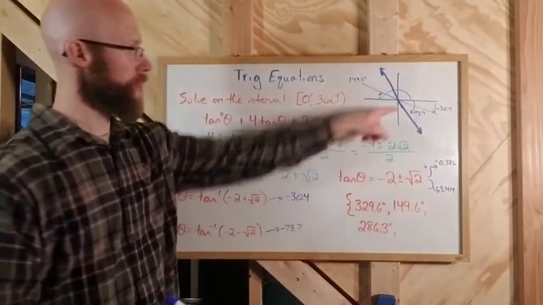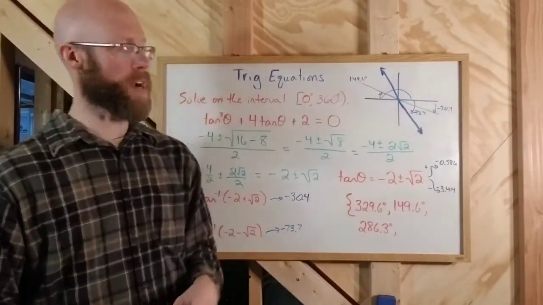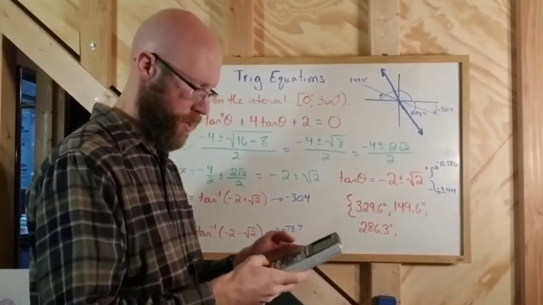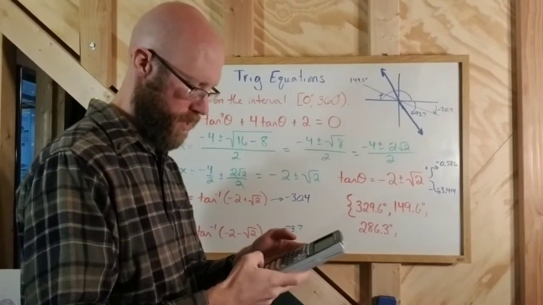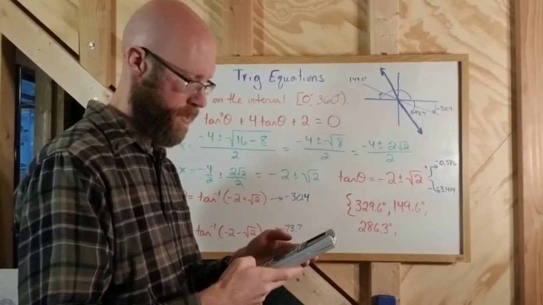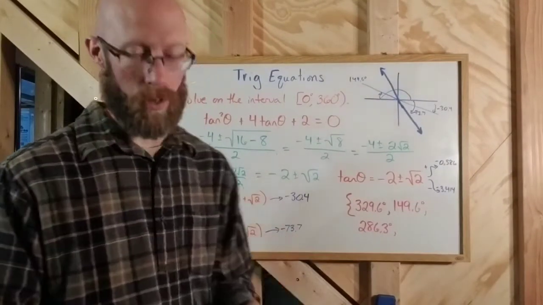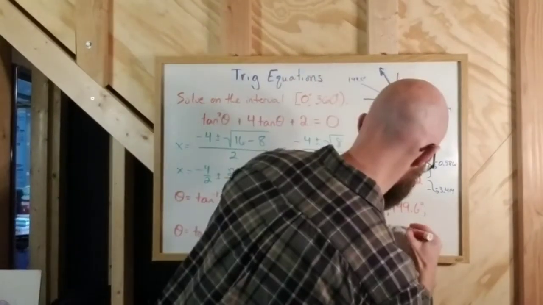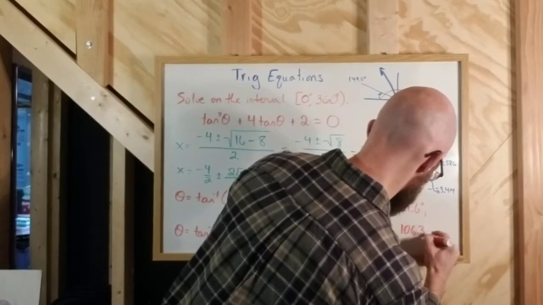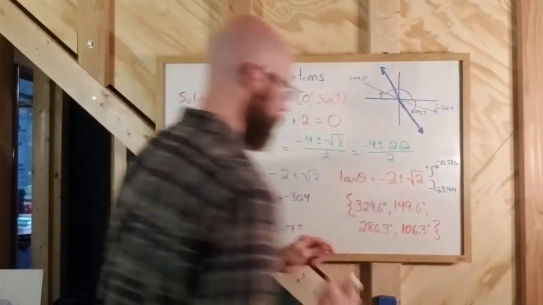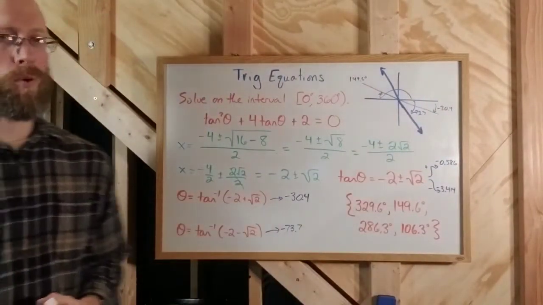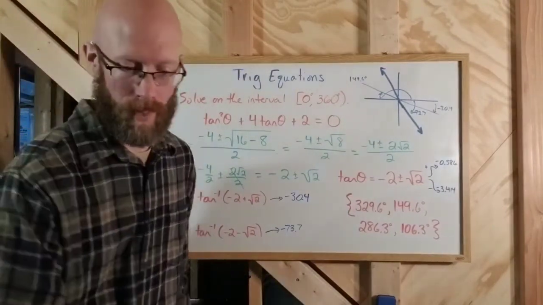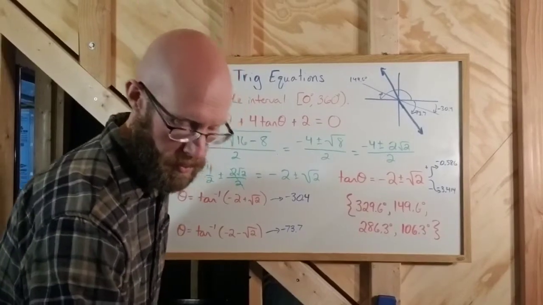To do that, you go around to 180 and then subtract off the 73.7 again. So 180 minus 73.7, and that'd be 106.3. That gives me the second angle for the second value from the quadratic formula.